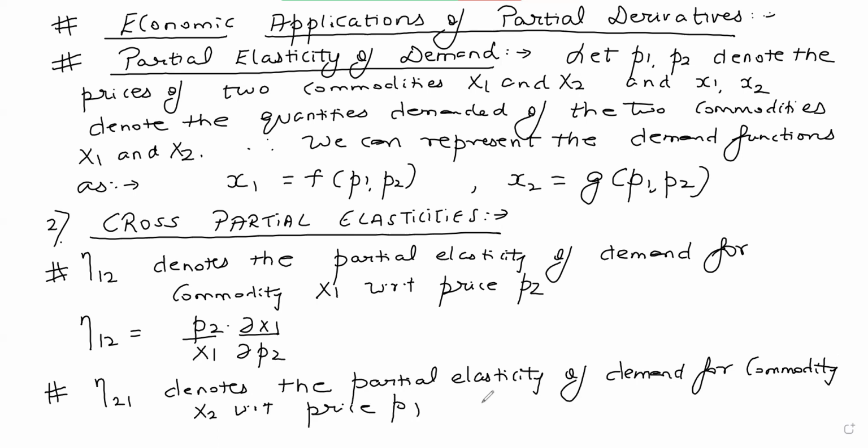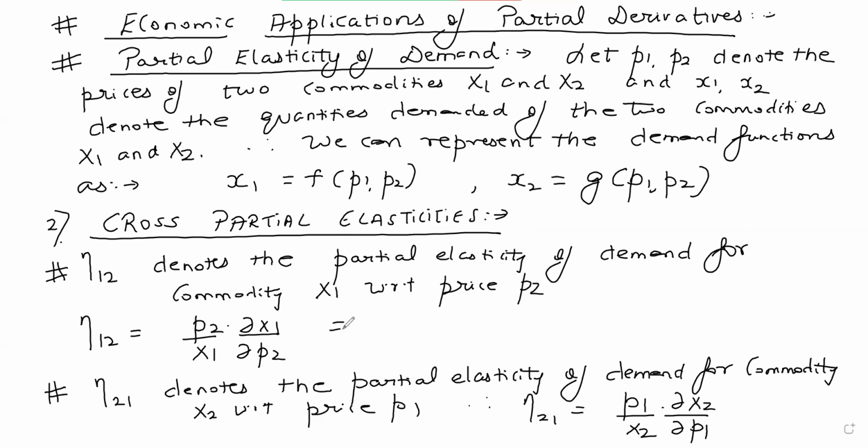So I can write that eta 21 is P1 by X2 times del X2 by del P1. So these are the cross partial elasticities. They capture the demand for one commodity when the price of the other commodity changes.